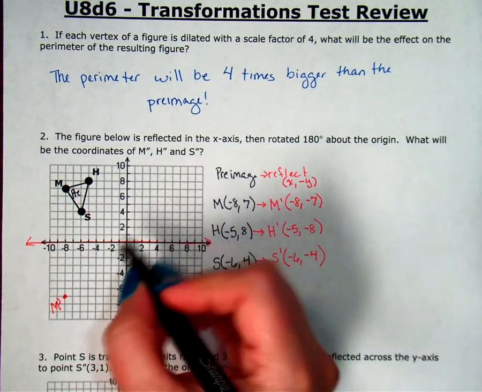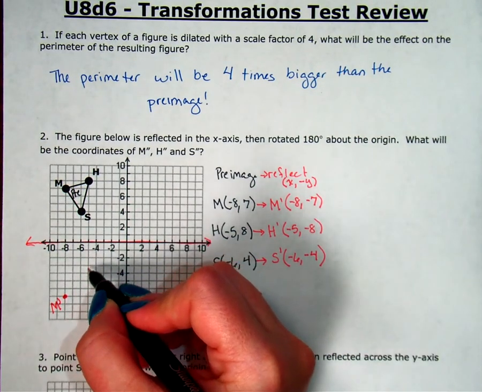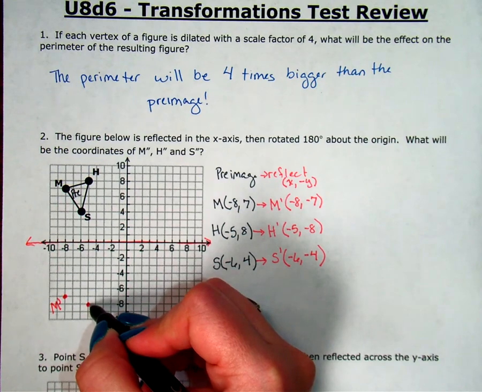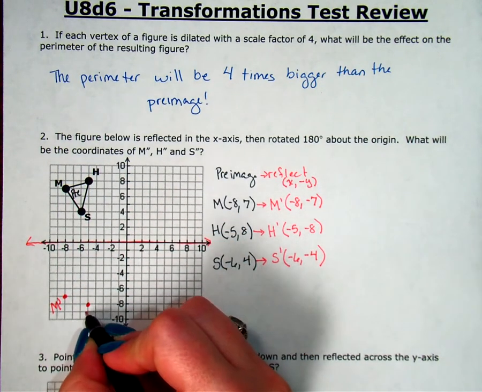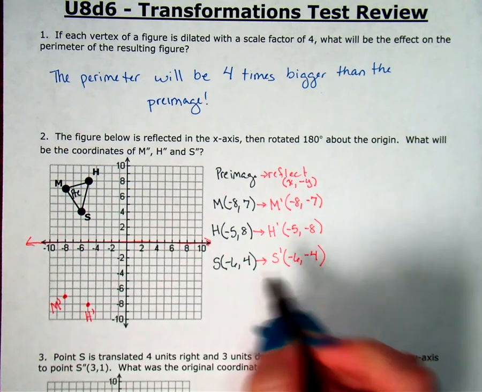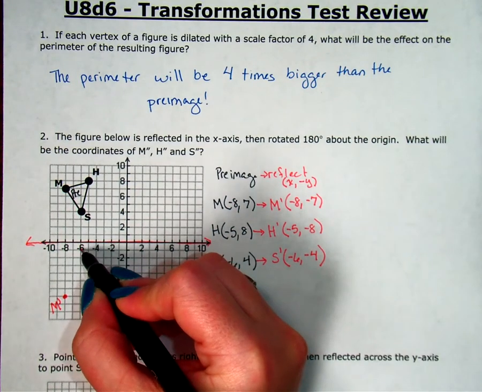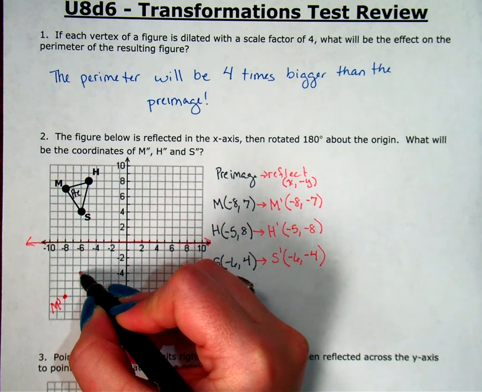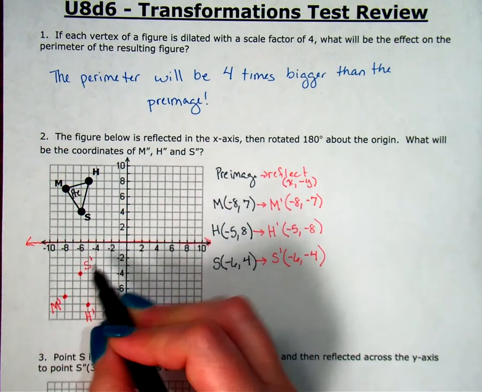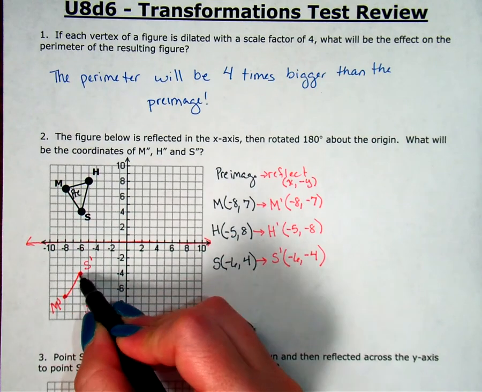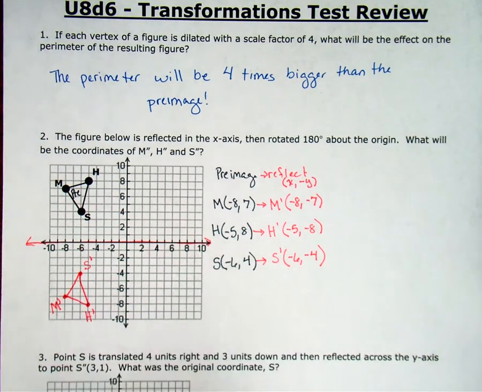H prime we said is at -5, -8. And again, same distance below for H prime. And S prime is at -6, -4, and again, it's the same distance from the x-axis. And this is not my image because I have one more thing I need to do to this. This is just like a pit stop on the way to my final image.